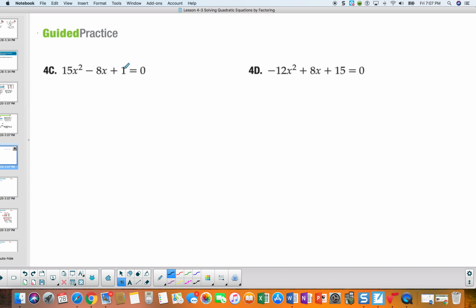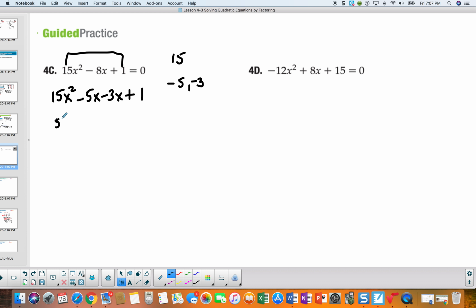I'm going to take these two, multiply them together, that's 15. What kind of numbers add up to -15? And so that would be -5 and -3. Those multiply to make positive 15, and they add to make -8. So I'm going to write 15x squared, and instead of writing -8x, I'm going to write -5x minus 3x plus 1.